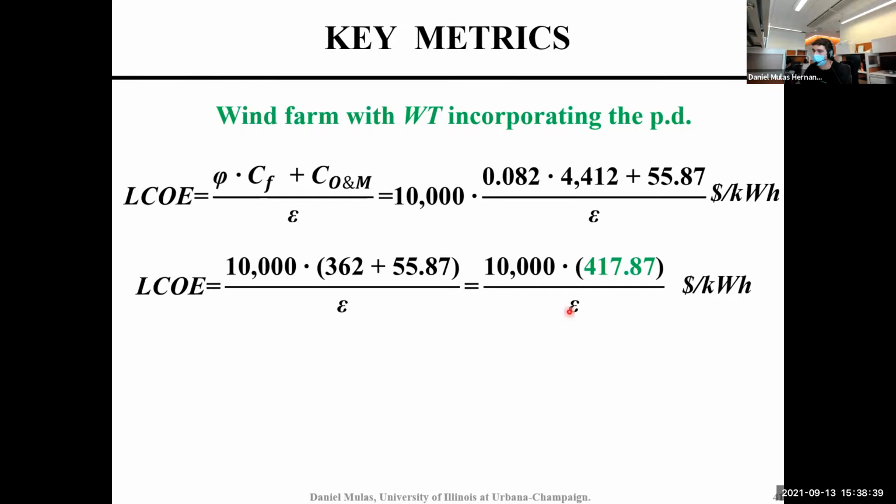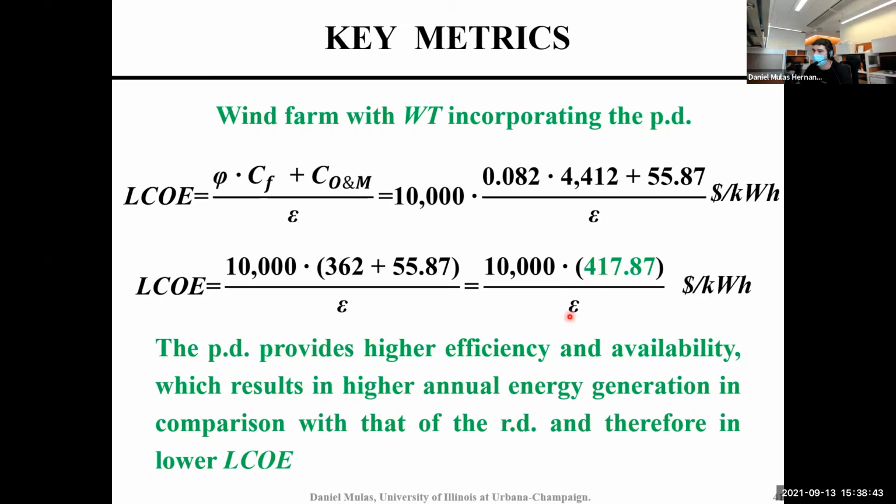So this is obviously good news for us. But if we take into account that in the denominator we're going to have the annual energy generation, this is even better news for us because, as I've been saying, we will have better efficiency and better availability that will provide us a higher annual energy generation.